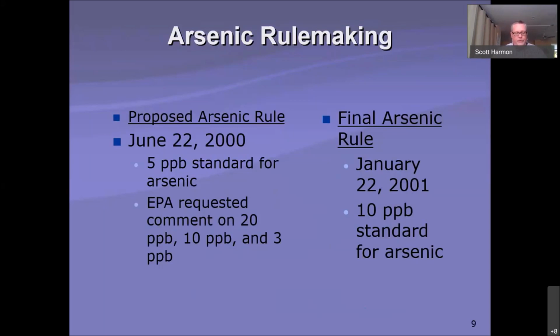Their original proposal was 5, but after listening to the industry and helping them understand what that proposal would do, what the cost would be, they brought the final rule up a little bit from 5 to 10. But that, again, is subject to change at any time and probably will change.